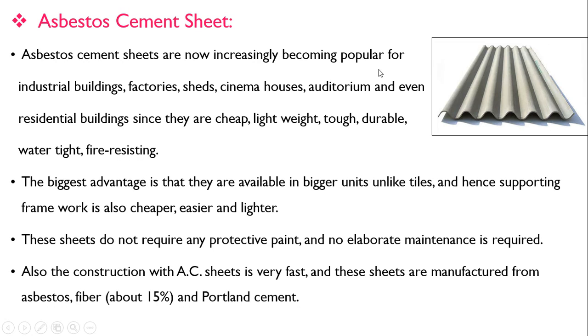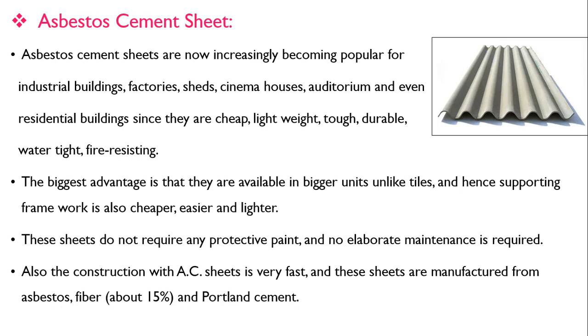The biggest advantage is that they are available in bigger units unlike tiles, and hence the supporting framework is also cheaper, easier and lighter. These sheets do not require any protective paint, which is also important, and no elaborate maintenance is required. Also, construction with asbestos cement sheets is very fast.